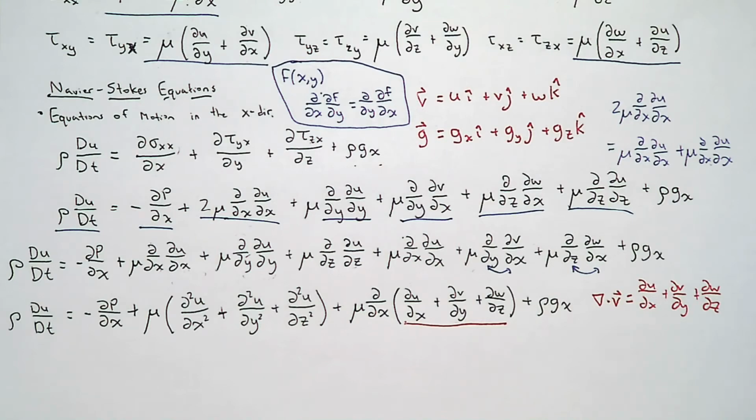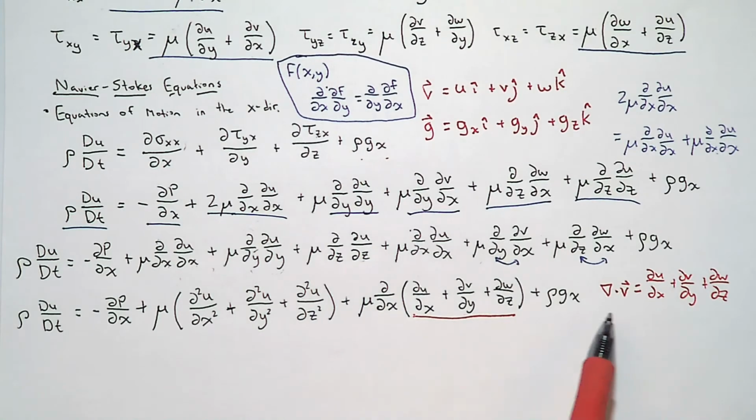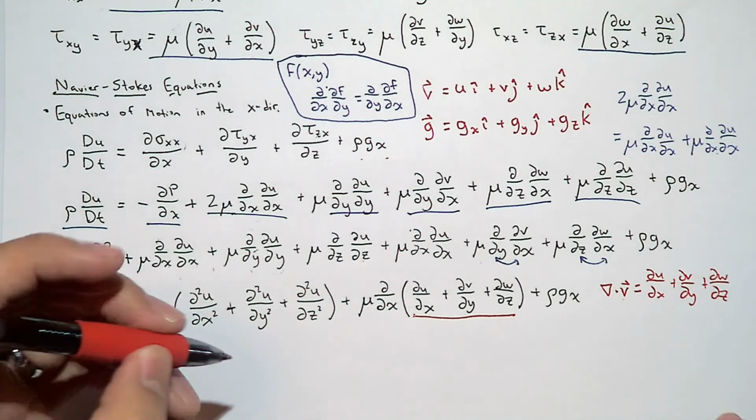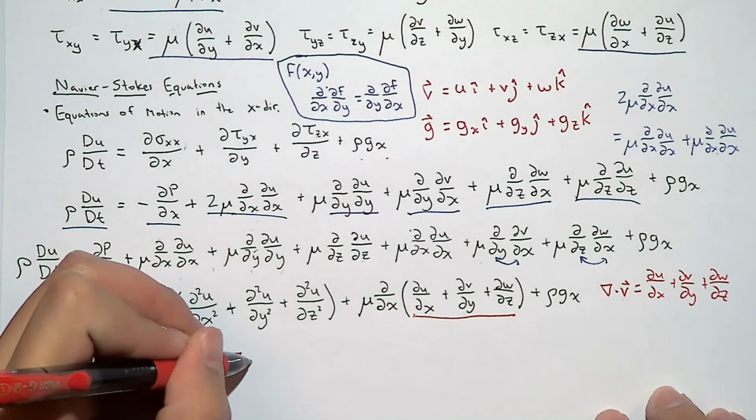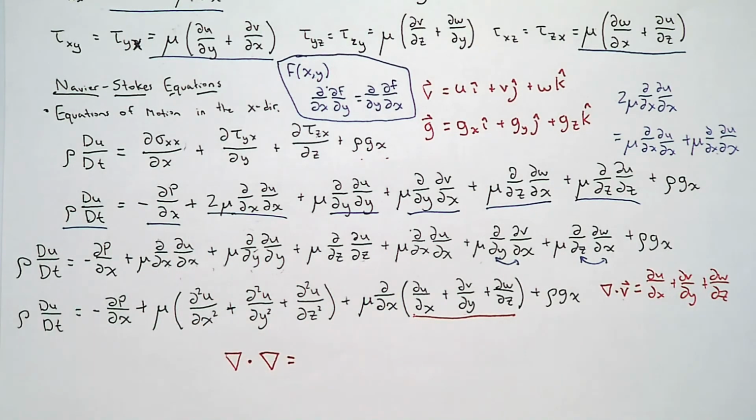I have a question, and this is just a bit of a mathematical exercise here for us. We know that del dot v, we operate it like a dot product. So we have dou x times the x component of v, plus dou y times the y component of v, plus dou z times the z component of v. But what if we were to take del and dot it against itself?